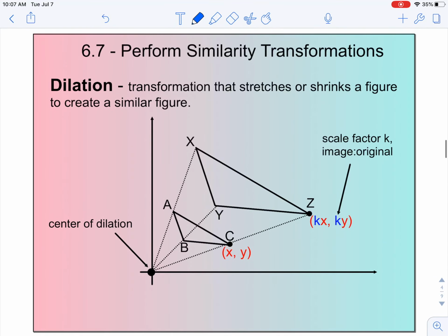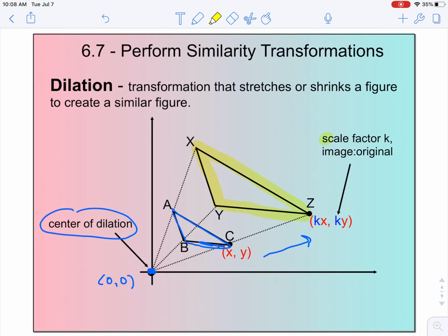And here's kind of a visual of what that looks like in a coordinate plane. Again, here is the center of dilation right here at the origin 0, 0. So in this case, ABC has been dilated, and what it became is XYZ.